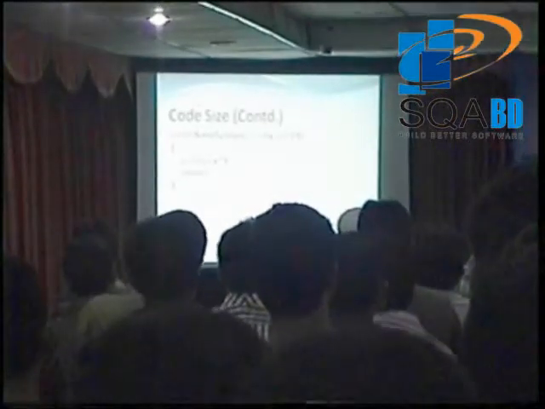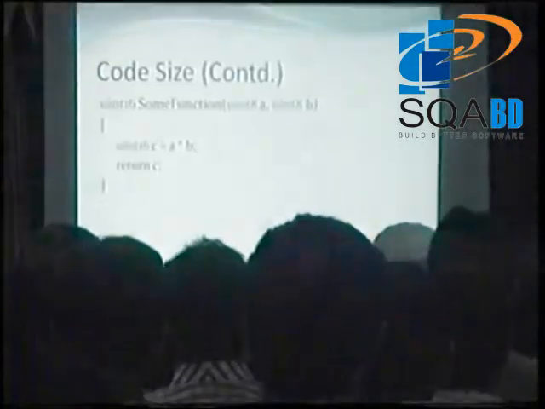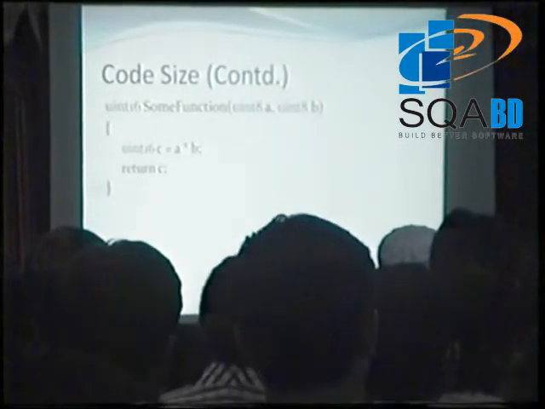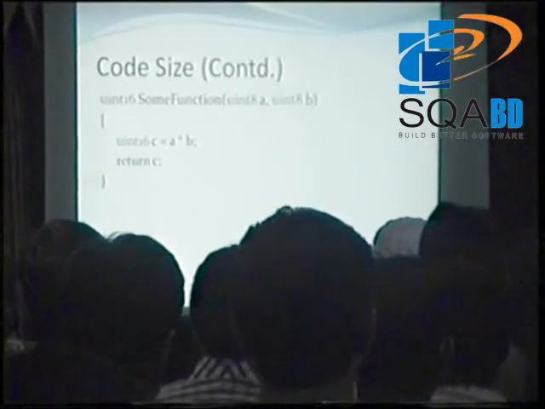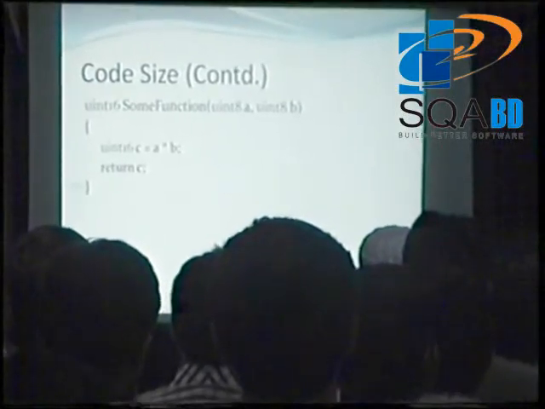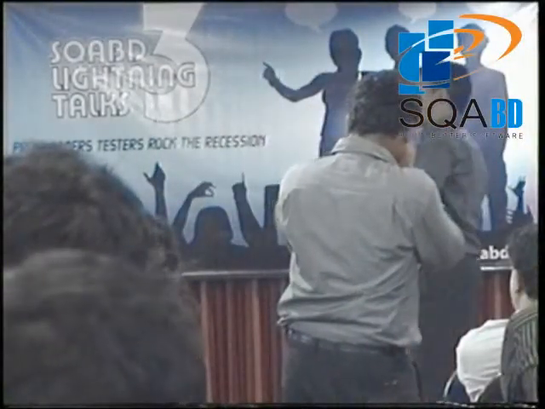For example, if we have a limit of 200 in variable A, and a limit of 100 in variable B, then we can probably use 8-bit integers. So we can save some code size by using the right kind of data type that we need. And even function calls are pretty expensive.